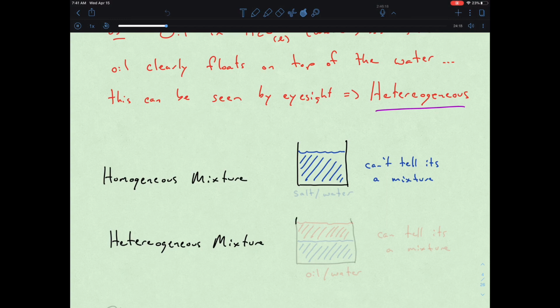And so we have roughly our same beaker. We could say that, well, there's a phase difference in terms visually. We can see there's one layer and another layer that's actually there.